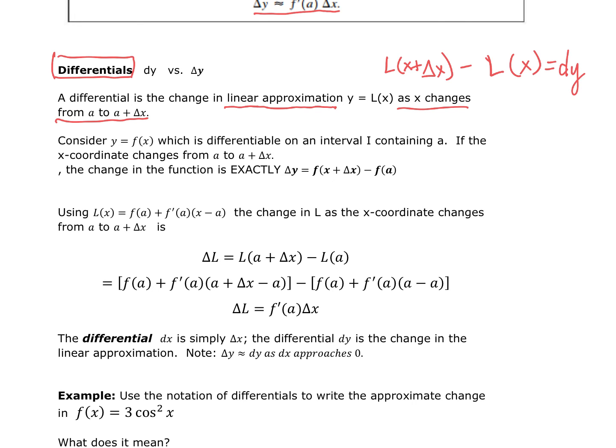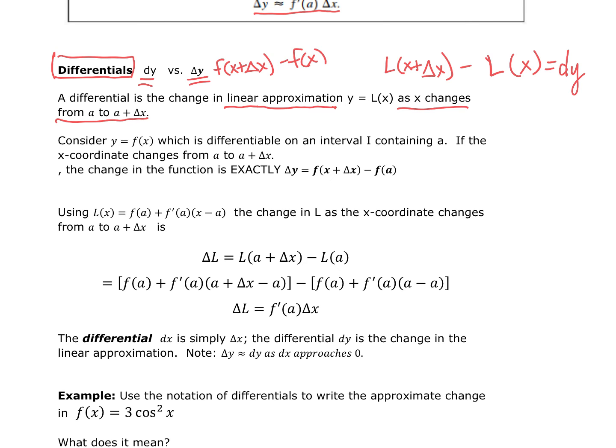So dy is our differential, and delta y, of course, is the change in the y values. In other words, the change in the function values, f of x plus delta x minus f of x. So the difference here is that dy, the differential, is the difference between the linear approximations, and delta y is the difference between the two function values.